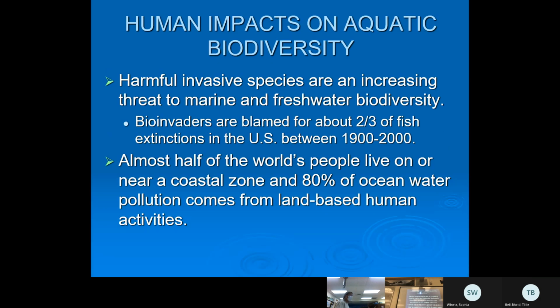So this is talking once again about invasive species. Wow, 2/3 of the fish extinctions in the US in the last 100 years from invasive species. And then we have pollution as well. In Tahoe, in addition to those invasive species, we have some problems with small clams and other mollusks that we're trying to prevent from getting here, like the zebra mussel. We don't want that to get here.